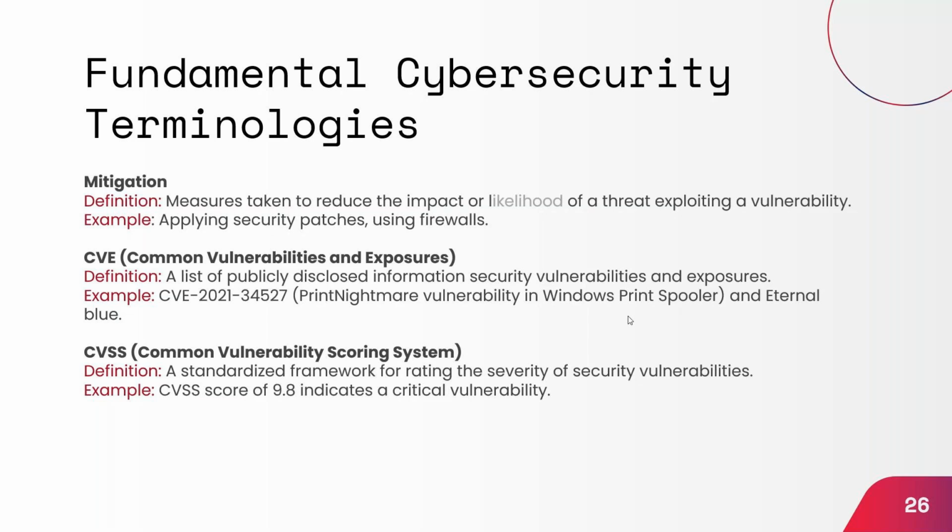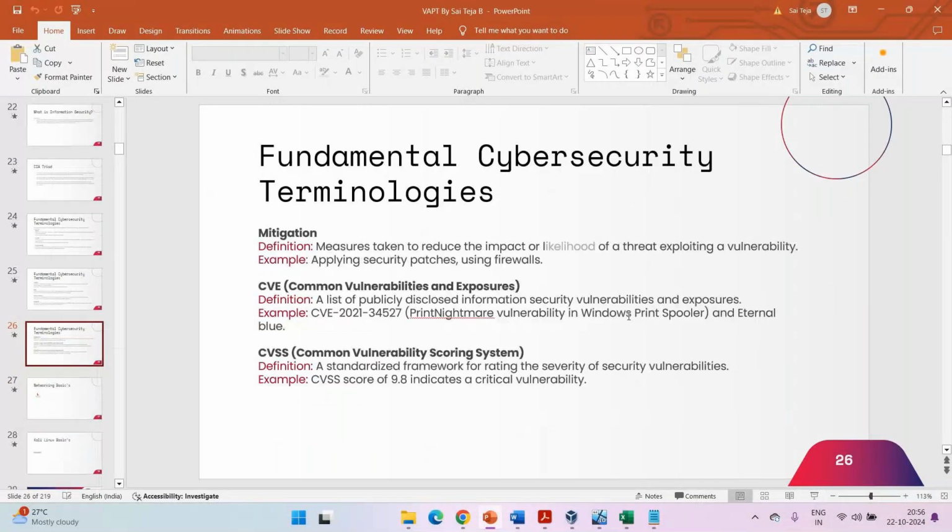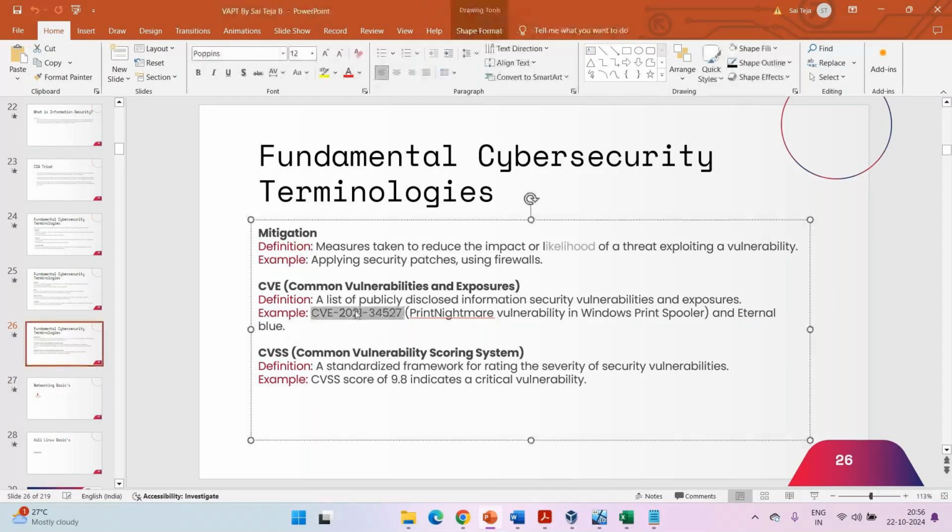And every vulnerability will have a unique number called a CVE number. There are a lot of vulnerabilities coming every day, right? Once it is verified, every unique vulnerability will have something called a CVE number, which will look like this: CVE, the year when it was identified, and then the unique number.